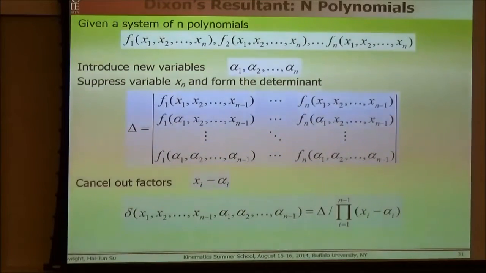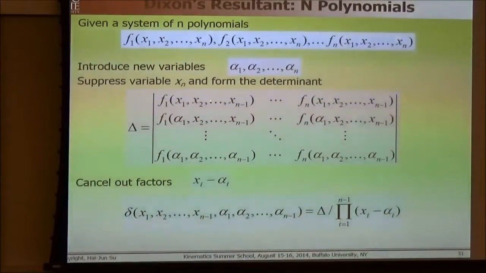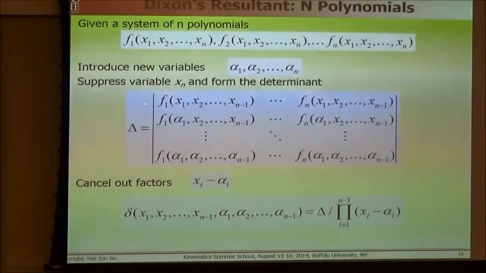Okay. Now you can see here, if x, the vector x1 to x n minus 1, is a solution to the original equation, that means it satisfies it and makes this row all vanish. If a matrix has one row all vanishing to 0, the determinant has to be 0 for any arbitrary value of alpha i.